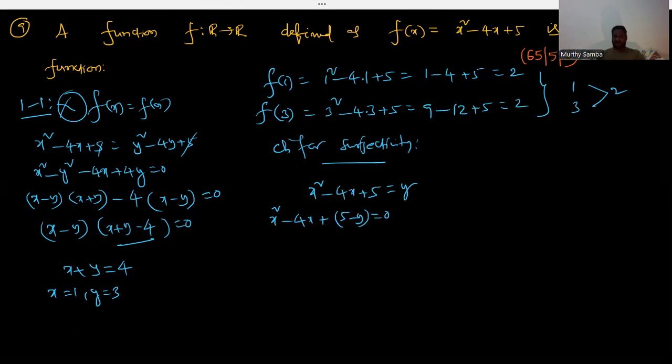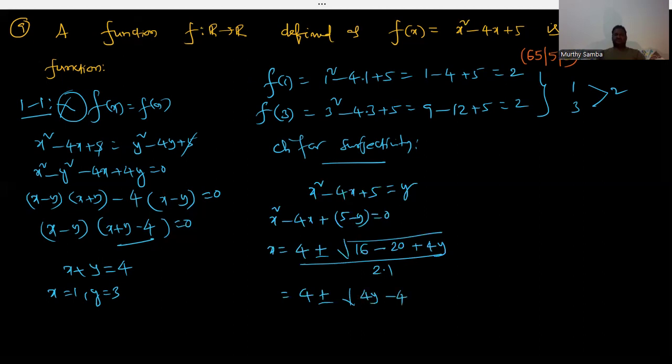I'm using the quadratic formula. x is equal to minus b plus or minus root over b square, which is minus 4 whole square is 16, minus 4 into 5 minus y. 4 fives are 20, minus of minus plus 4 into y is 4y, whole divided by 2a, which is 2 into 1. So now this is 4 plus or minus root over 4y minus 4, whole divided by 2.